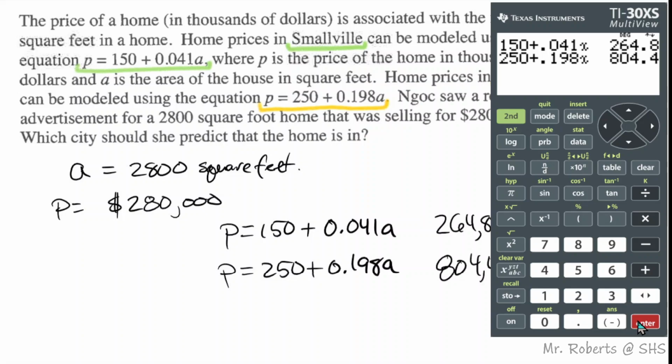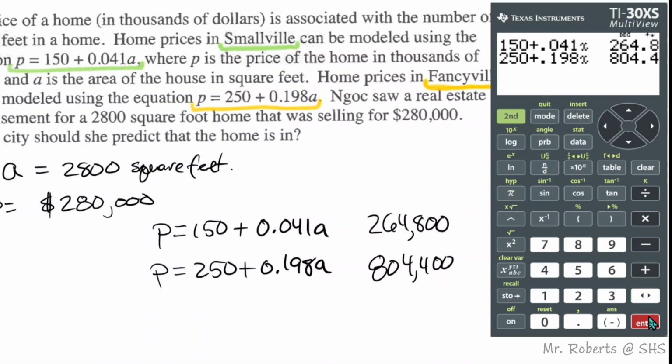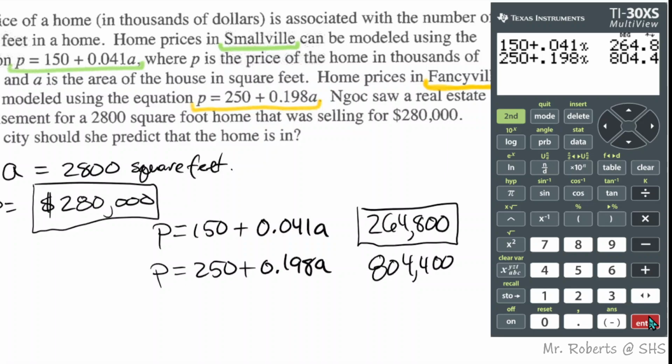So based on the advertisement, which said the house was listed for $280,000, I would say that this house is probably in Smallville. It's possible it could be in the other community. This is no guarantee, but my sense is that the house would be more expensive there, perhaps. It could be a mess that needs a ton of work. But the house probably is in Smallville.